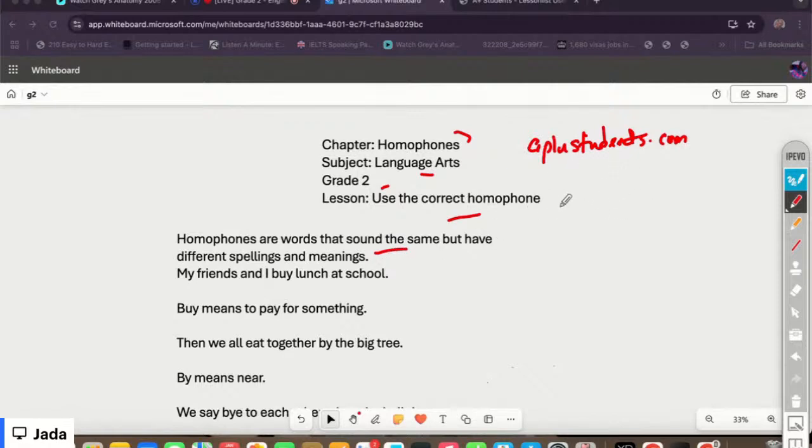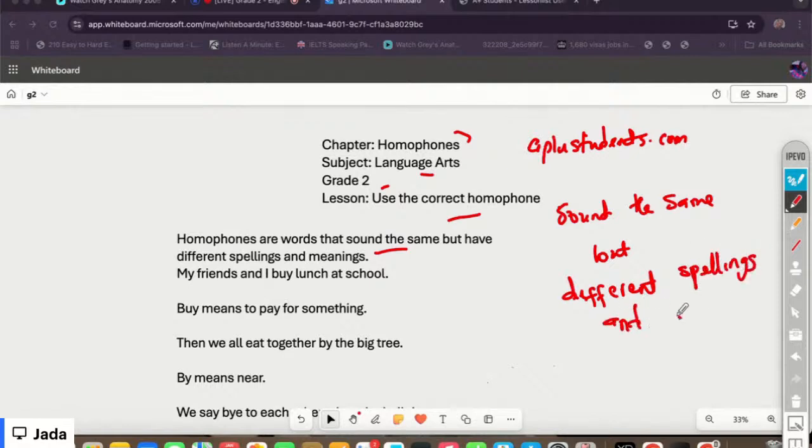So you have to take note: sound the same, but different spellings and different meanings. Okay?